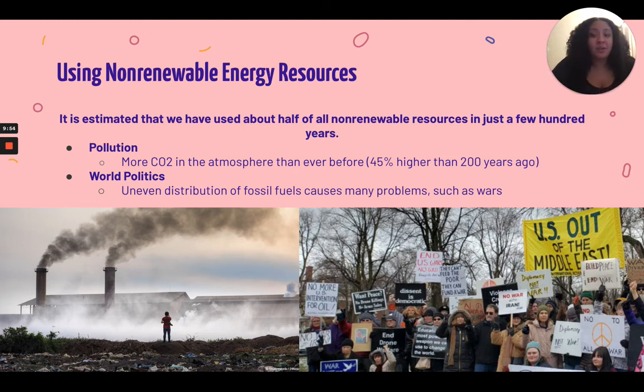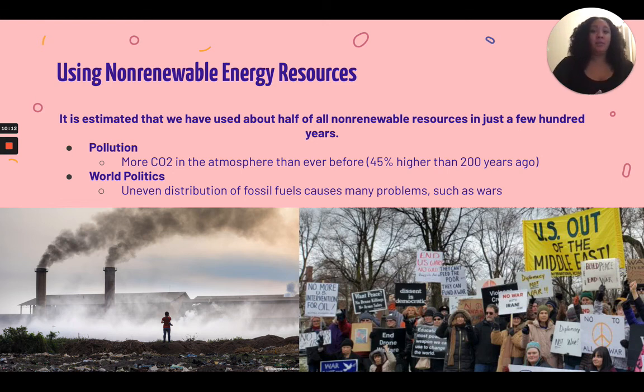We also contribute a lot of pollution from non-renewable energy resources. So there's more CO2 in the atmosphere than ever before. It's 45% higher than 200 years ago when we weren't using non-renewable resources.